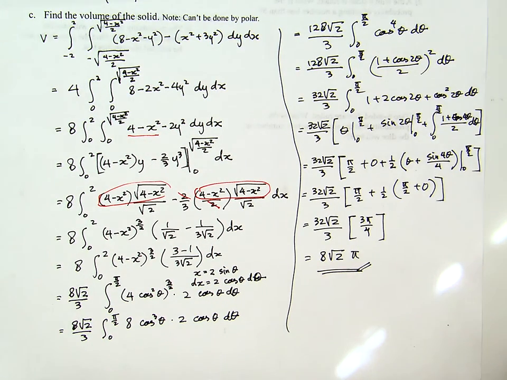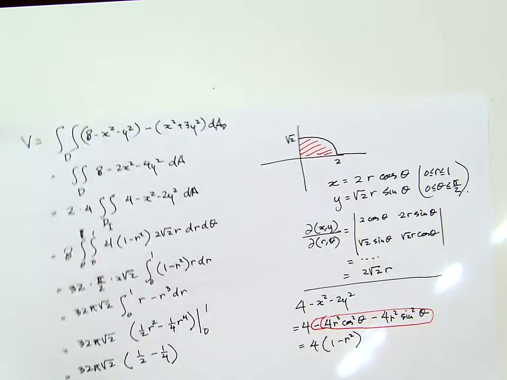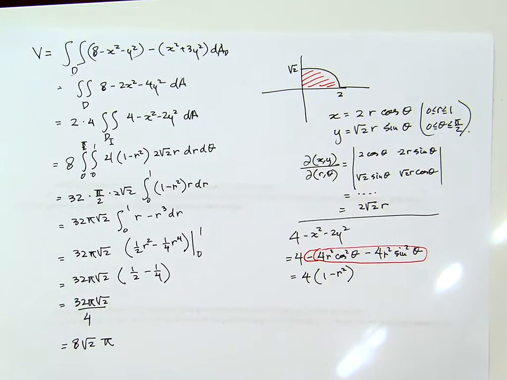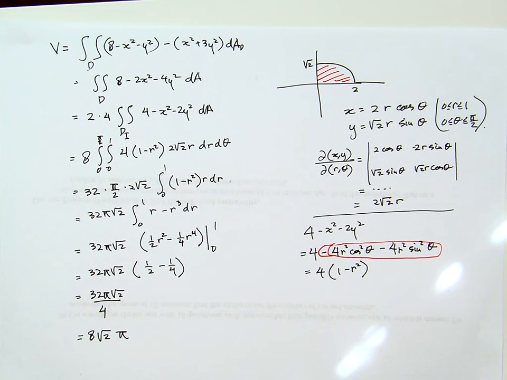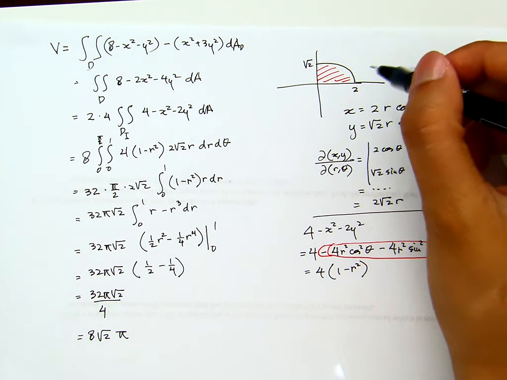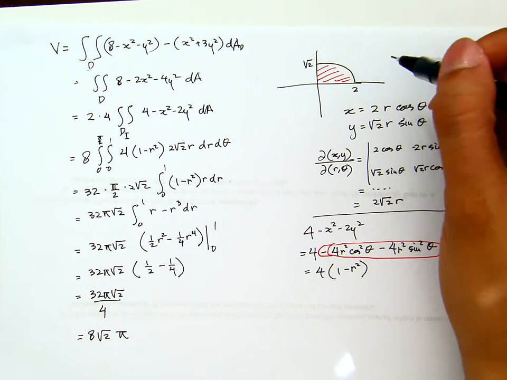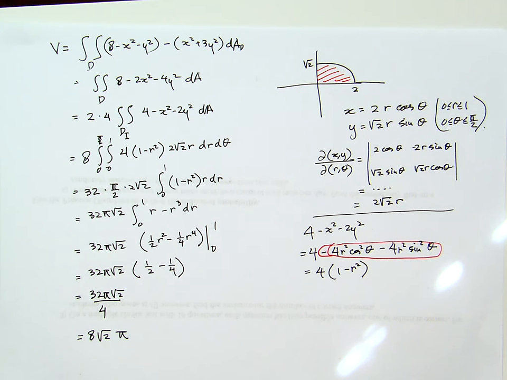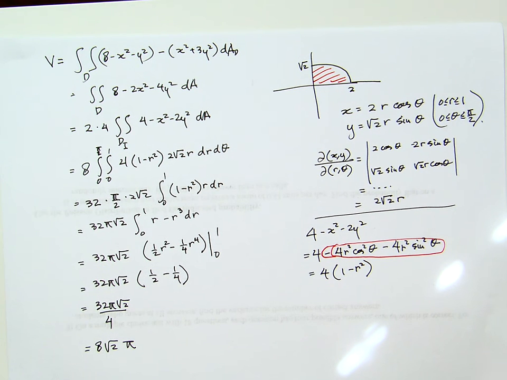This is what happens if we don't know a change of variable. The change of variable that we did here is not something everybody can get right away. You need to get used to seeing an ellipse as actually a distorted circle.